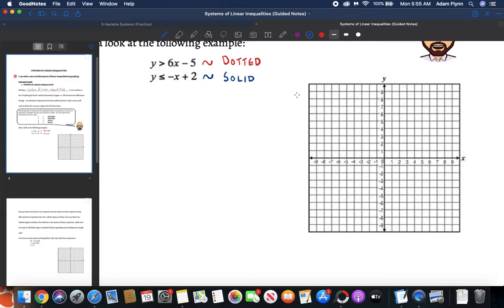Now what we can do is go ahead and graph these lines. For our red line, we have y equals mx plus b. The y is isolated, so we know it's in slope-intercept form, so no math required. We can just go ahead and graph this. The y-intercept is negative 5, so I can go down to negative 5 on the y-axis.